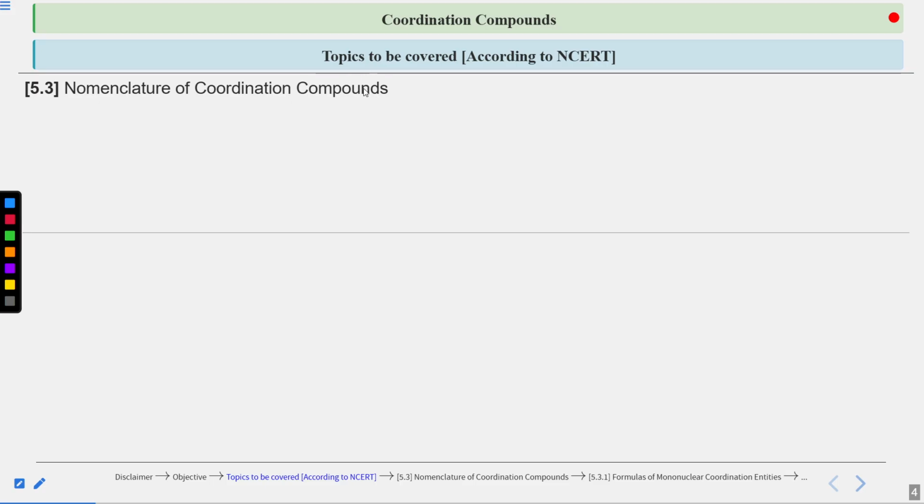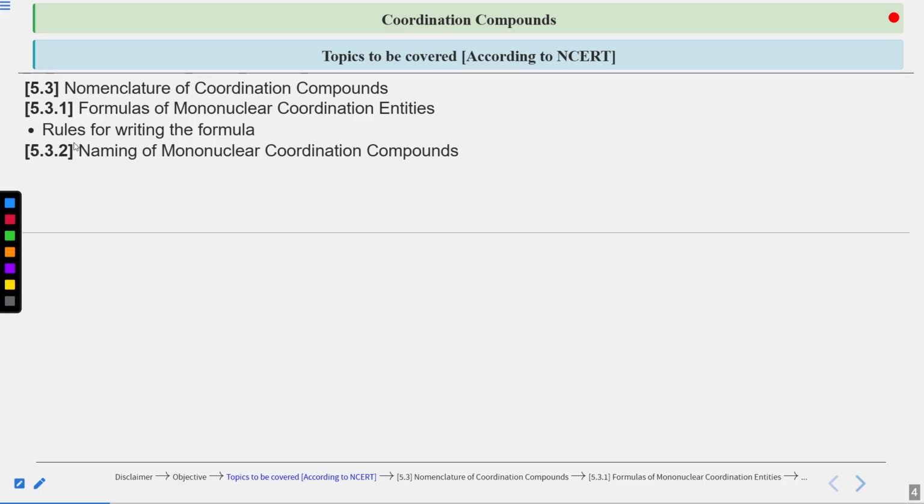The topics we are going to cover today according to the NCERT are: first is section 5.3, that is nomenclature of coordination compounds. In this, the first subsection we are going to cover is formulas of mononuclear coordination entity, which is 5.3.1. In this, we will talk about the rules for writing the formula of any coordination compound.